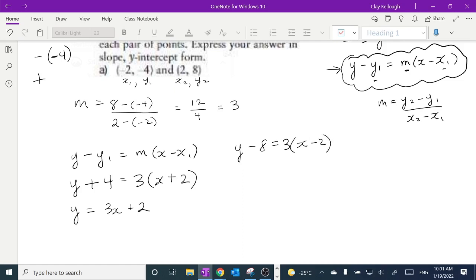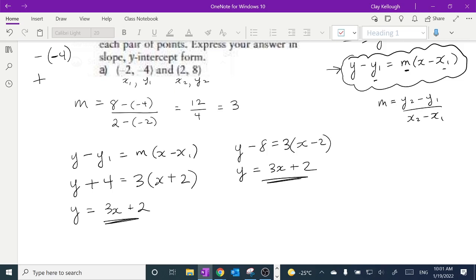So if I use the point 2, 8, there's the 8, there's the 2, I'm going to get the same answer because 3 times x is 3x, 3 times negative 2 is 6, but when I add the 8 to it, it'll work no matter what. I mean, it should work, right? It's the same 2 points on the same line, right? Or those 2 points are collinear on the same line.